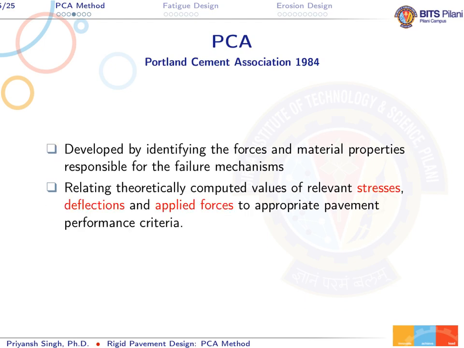PCA method is developed by identifying the forces and material properties which are responsible for these failures. That means for fatigue as well as the erosion. It relates the theoretically computed stresses, deflection, and forces to appropriate pavement performance criteria.